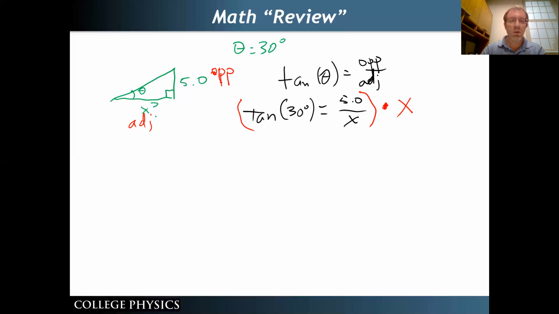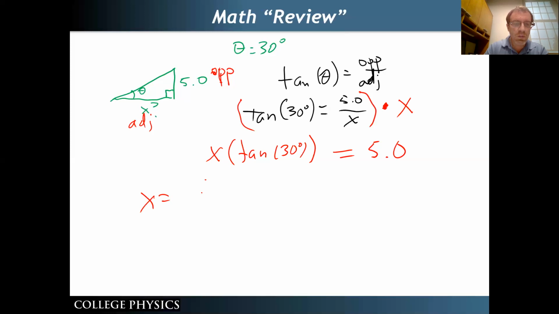When I do that, on the left-hand side, I end up with x times the tangent of 30 degrees, and on the right-hand side, I end up with just 5. Well, that's great, but I want to isolate x, and I've got tangent of 30 multiplying x. So how do I get rid of that? Well, I just divide both sides by tangent of 30.